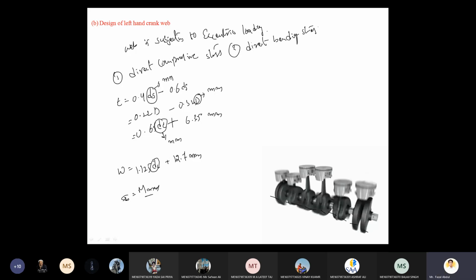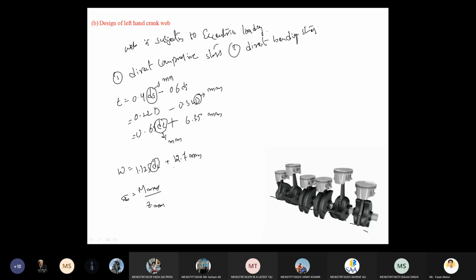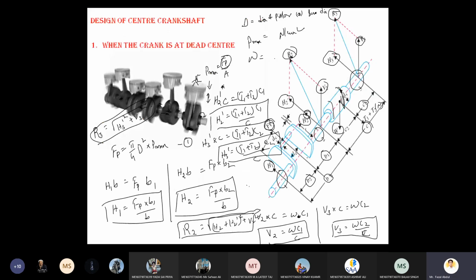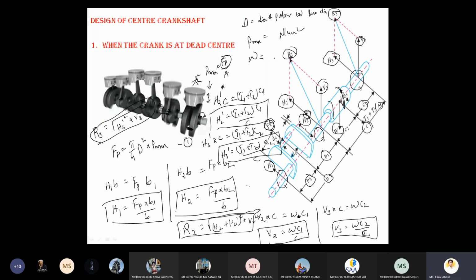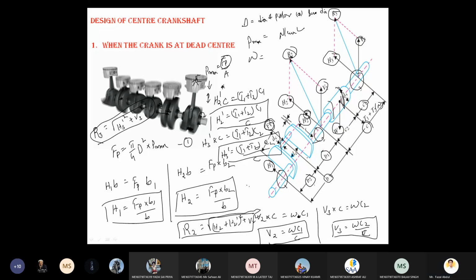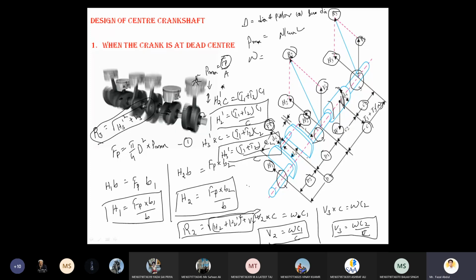Here, for the maximum bending moment from the first figure, it is H1 into B2 minus, only this particular side I'm calculating, not the entire bending moment, because the title is the left hand side of the crank. So only the left hand side I'm taking here.